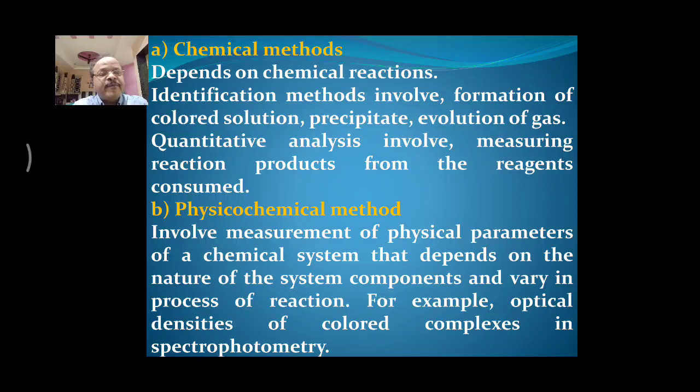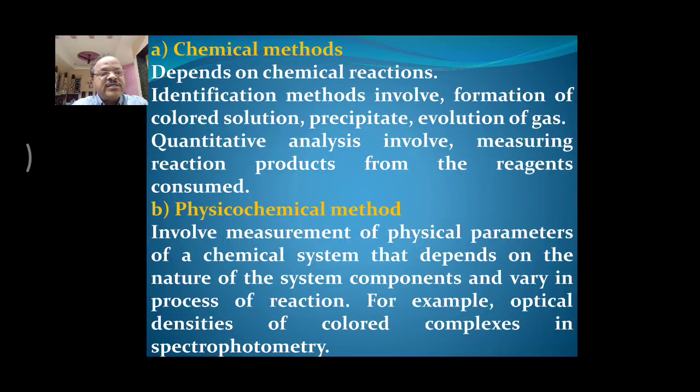So as time passes, A will react with B and there will be formation of the product. Now A has some optical density, B will have some optical density, and the products C and D will have different optical densities. So as the reaction proceeds, there is a formation of C and D, and after some time the reaction will get completed and we will obtain the products C and D.